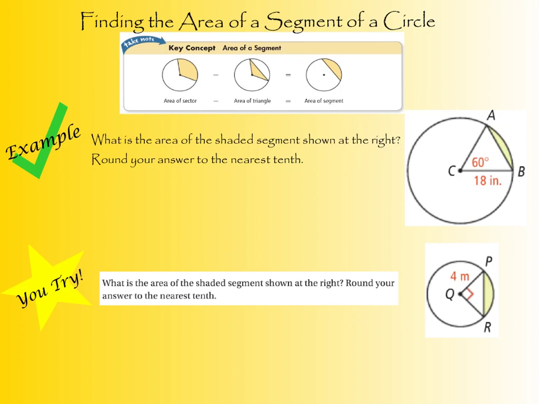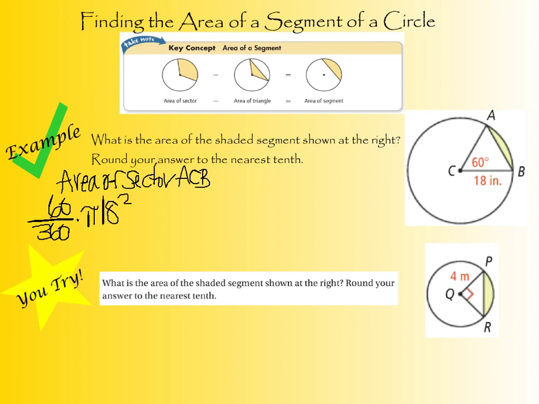So area of sector, we're going to find our area of our sector, ACB. And remember, to find the area of the sector, we're going to find the measure of the arc AB, which is 60 degrees. We're going to divide that by 360, and we're going to multiply that by the area of the circle. So pi, our radius is 18 squared.